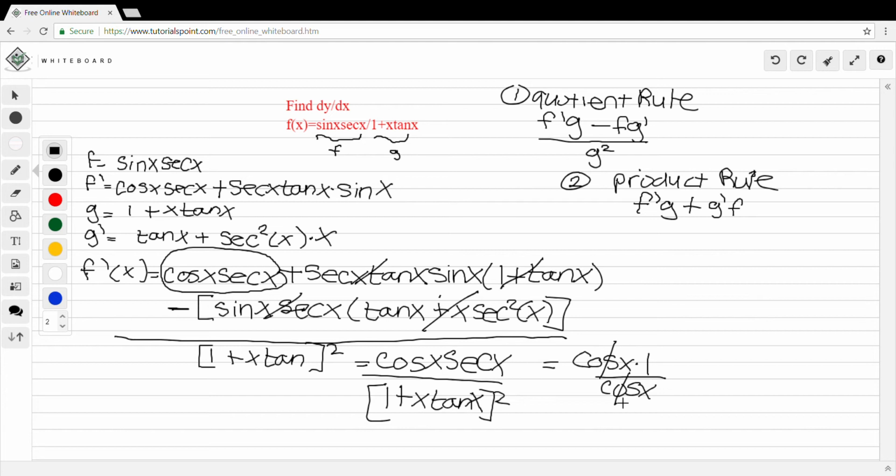So f prime of x, your final answer, equals 1 over (1 plus x tangent x) squared. Actually, you can use parentheses, you don't have to put brackets. So that is your final answer.